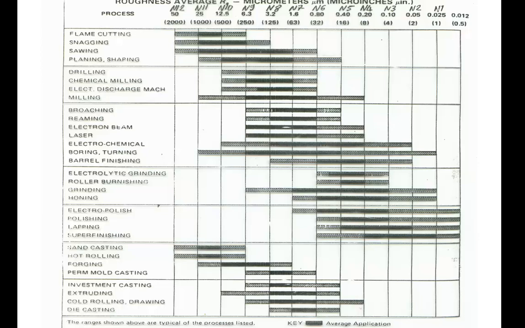This bar chart is to see, applying which finishing process, we can have the roughness value equal to what. Which roughness size can be obtained, can be set, applying which process. For instance, if the process is the grinding process, this is the corresponding bar.